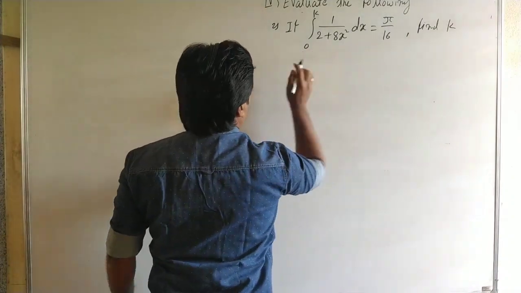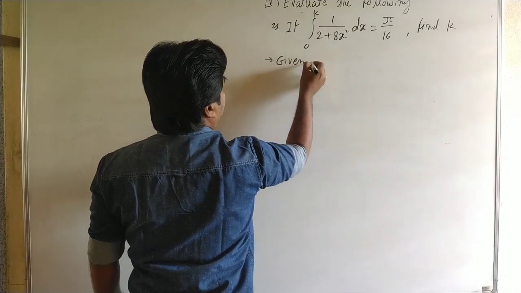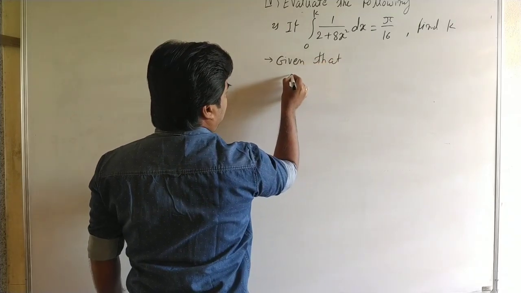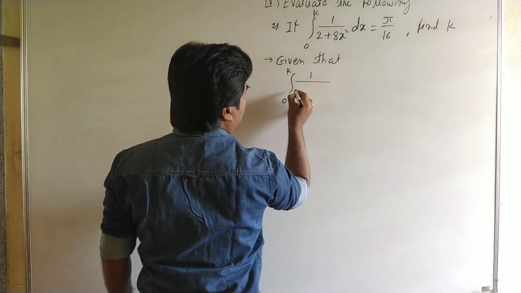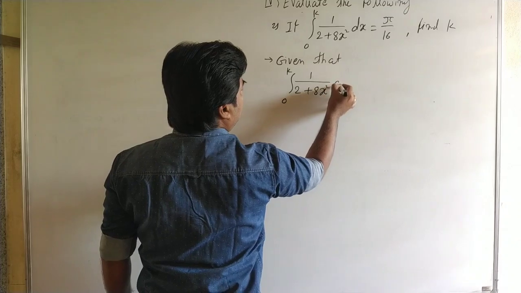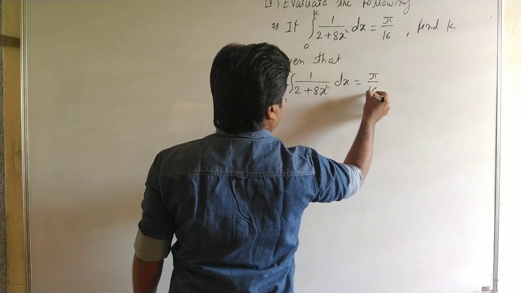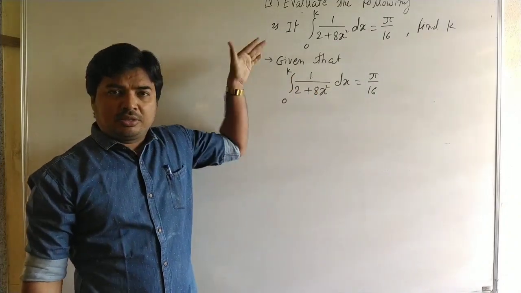Now here it is a given integral. Given that integral 0 to k 1 upon 2 plus 8x square dx is equal to pi by 16. Okay, now first we solve this integral and then find the value of k.